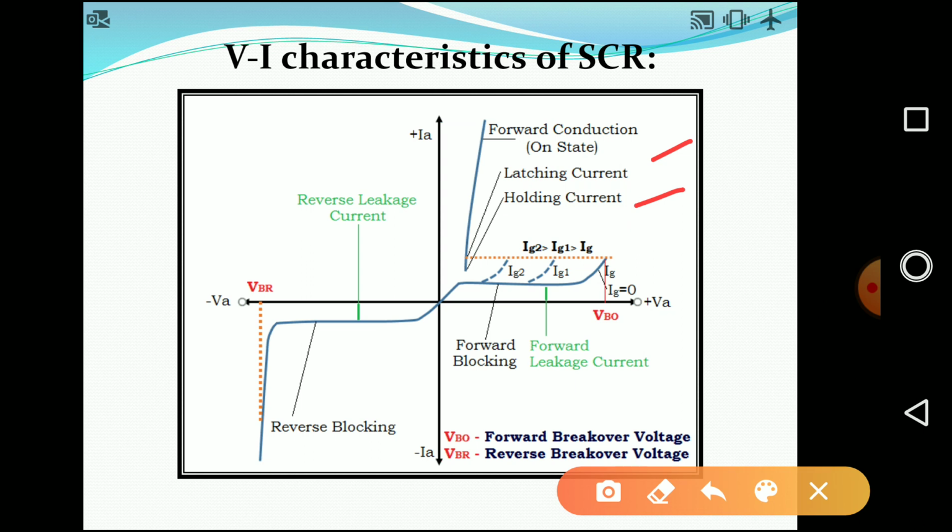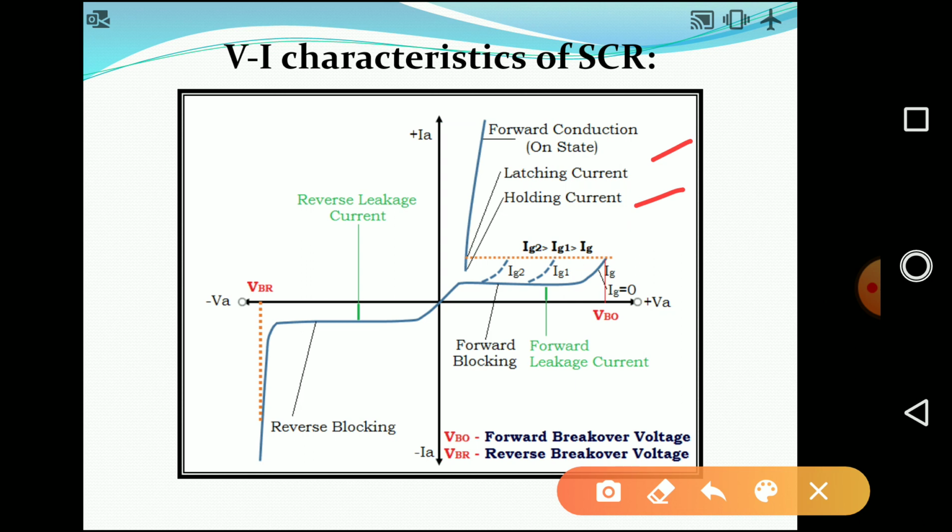That is, if the anode current falls below the holding current, then the SCR turns off, and if the current remains above the holding current, then the SCR remains in conducting mode. So that current is called the holding current. That is, it holds the SCR in a conduction position.